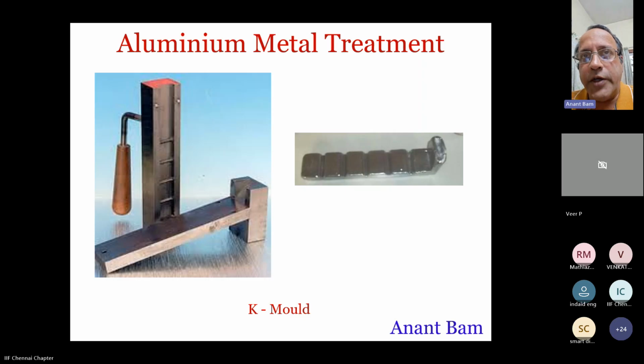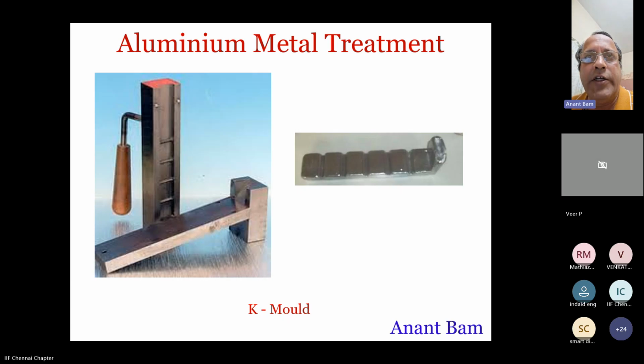it is a wrong practice to use a duplicate K mold because you are violating the intellectual properties. It's a research of some scientist, and if you are not buying the original equipment, then it's injustice to that scientific study. Original K mold is available in Indian market at less than 30,000 rupees.